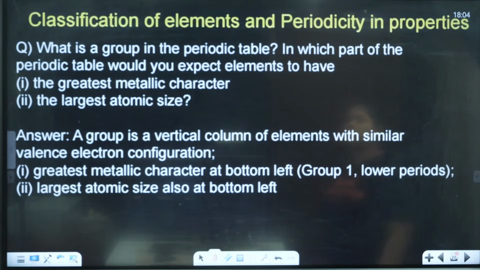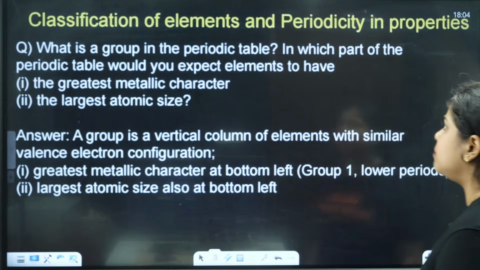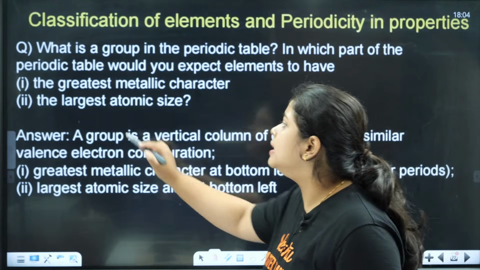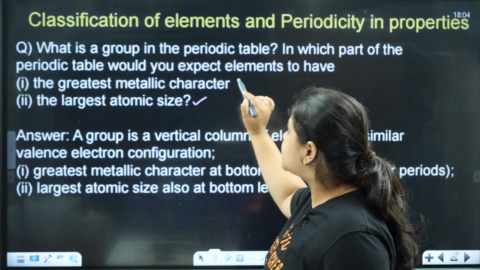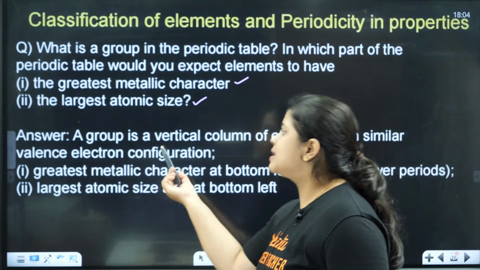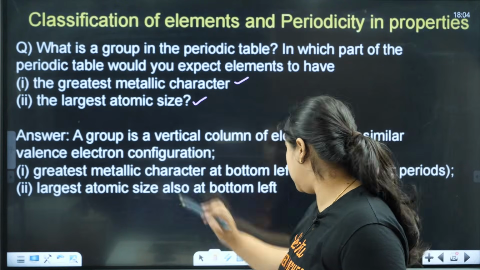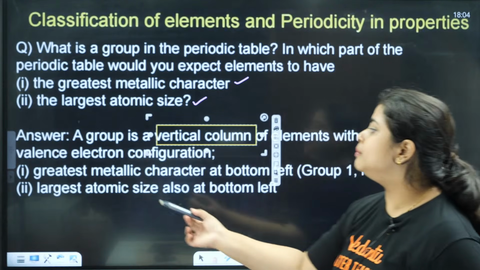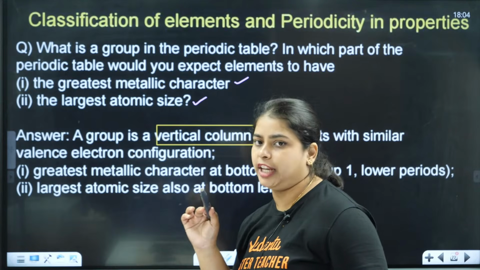Next, what is a group of the periodic table, and in which part of the periodic table would you expect elements to have the greatest metallic character and the largest atomic size? You have to talk about atomic size and metallic character. So a group is a vertical column of elements with similar valence electron configuration.